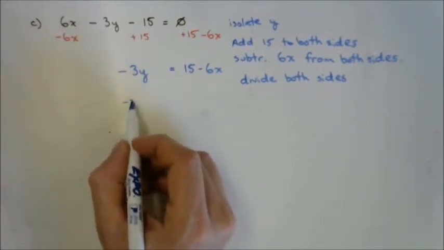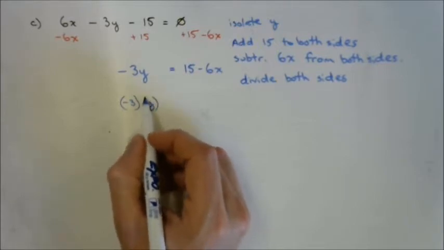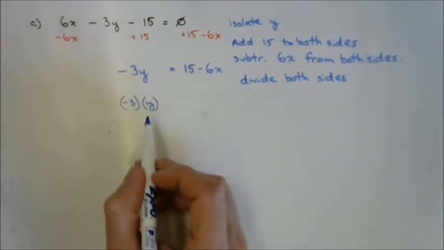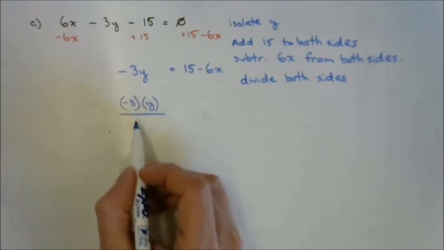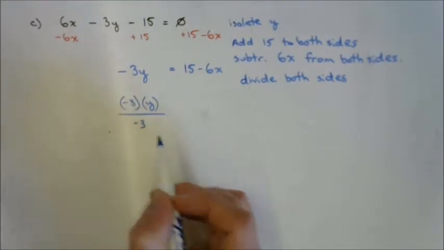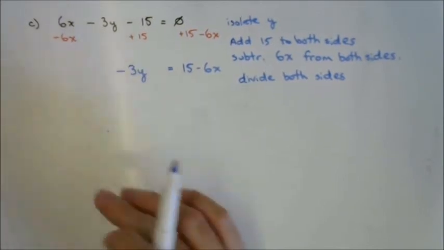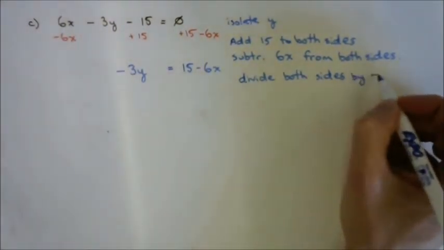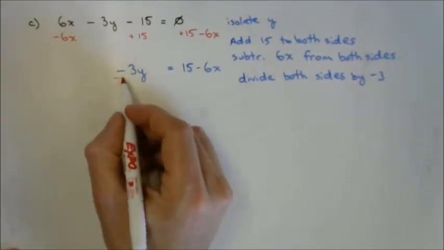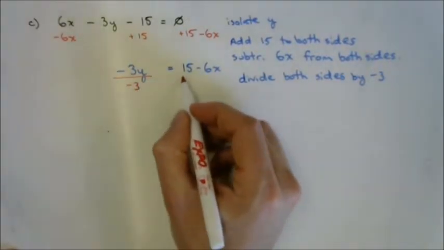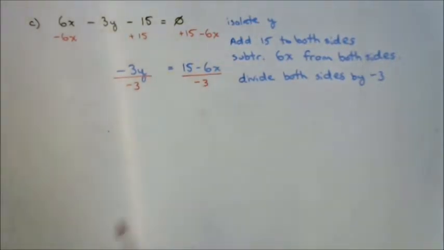This is negative 3 times y. How do I get y by itself? I'm going to divide by this number, negative 3. So we're going to divide both sides by negative 3. This side divided by negative 3, and this whole side divided by negative 3.